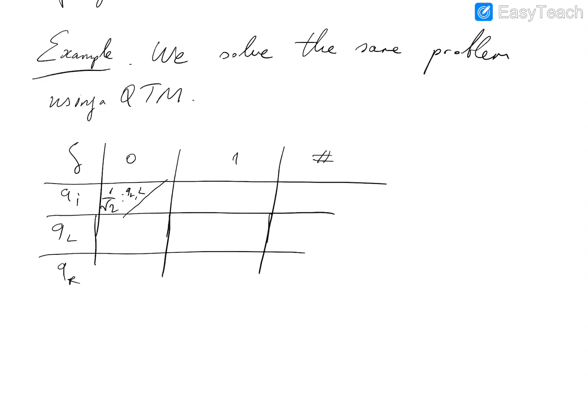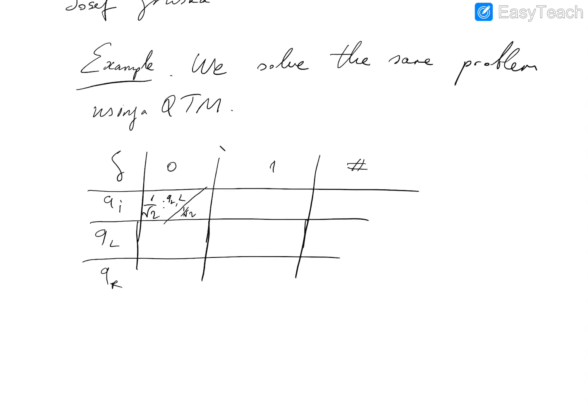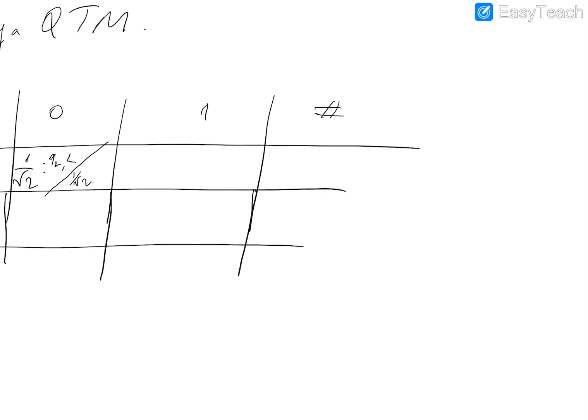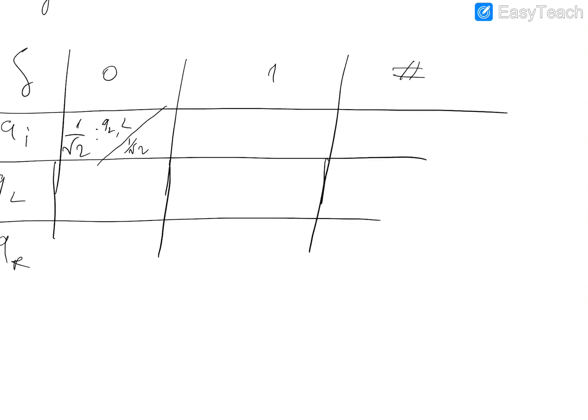And then with the same amplitude, 1 over square root 2, we go to state QR, and we move the tape head to the right.